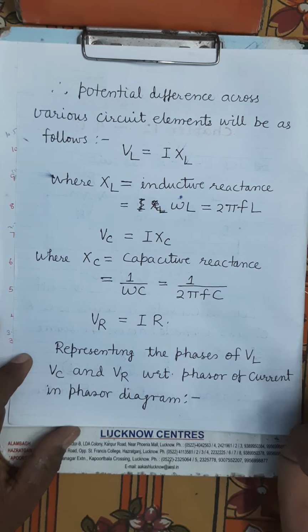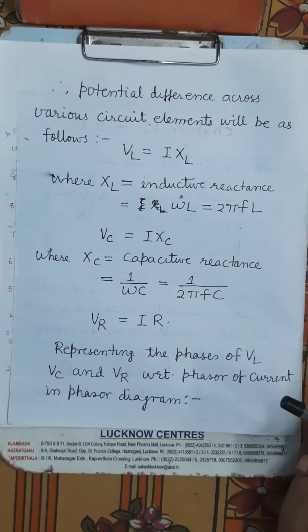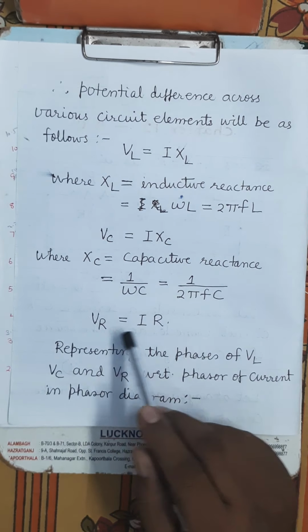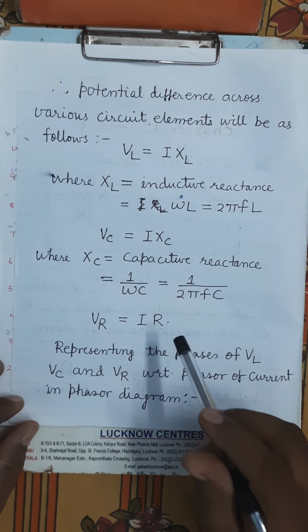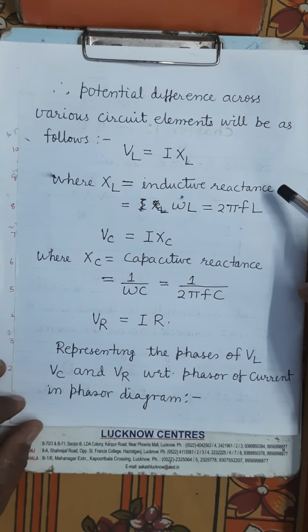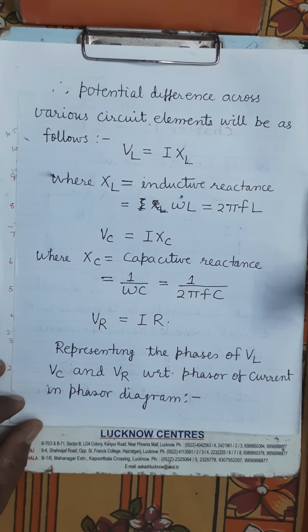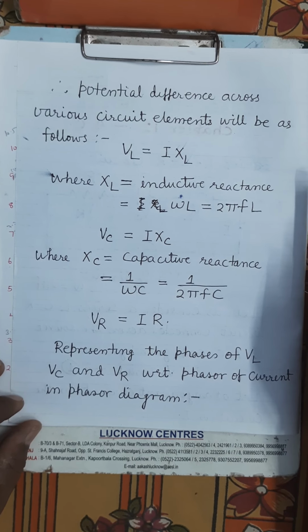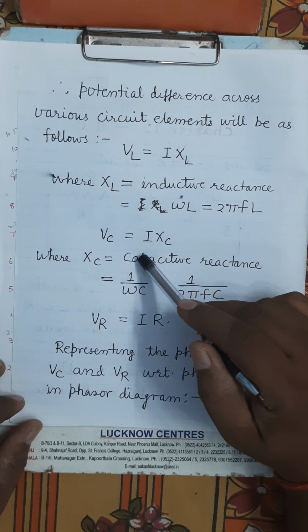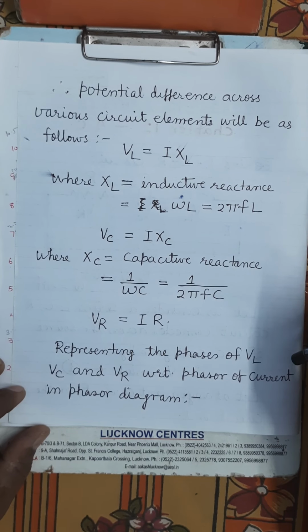Here f is the frequency of the AC and C is the capacitance. VR equals I into R. What will be their units? Reactance is a term similar to resistance, so its unit is ohm. Whether it is XL or XC or R, all have the same unit.